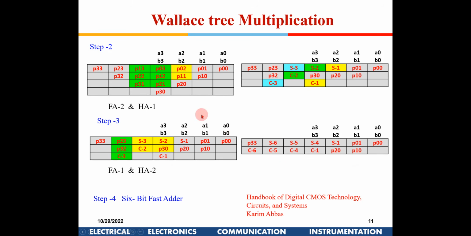Yeah, got it. Can you please go to the previous slide? Step number 3. Why didn't we put a full adder here, S2, P30 and C1? Because the condition is that in the previous stage there has to be a 3. Here also this is 2. If you understand this, why are we leaving aside these 2?